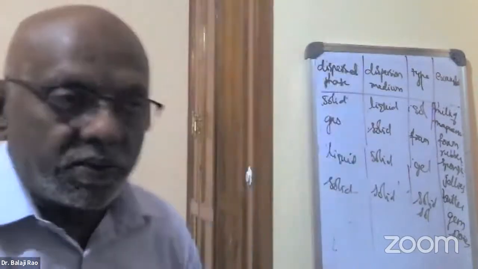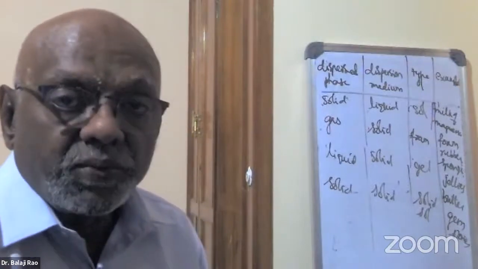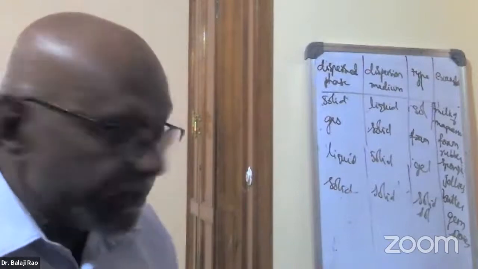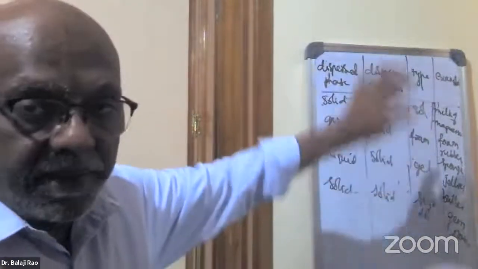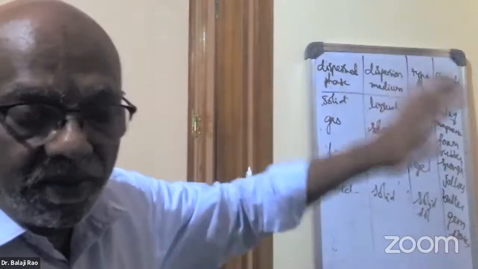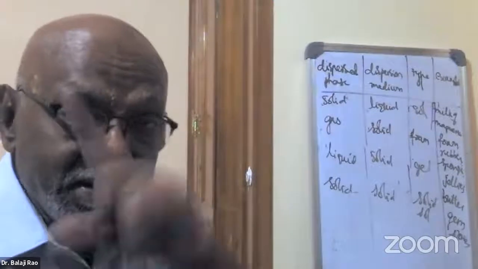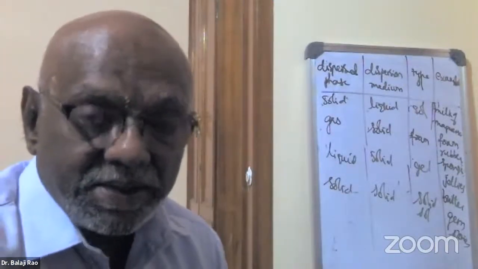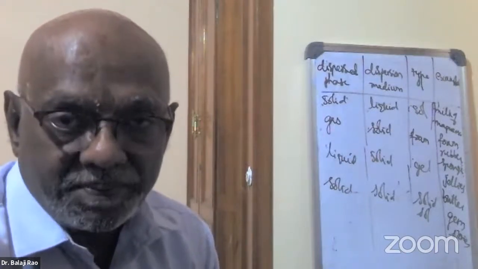We've talked about what is a colloidal solution, what is the Tyndall effect, and what are the types of colloids. Please remember this table. Please copy this down from your text and display it prominently in your study place, because this is worth at least 2 marks for you in your examination.